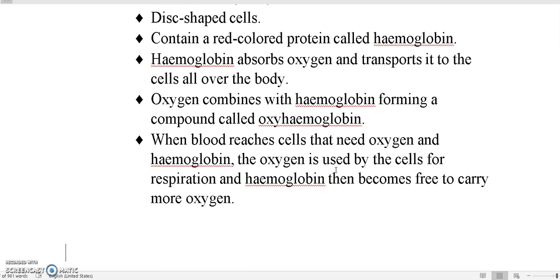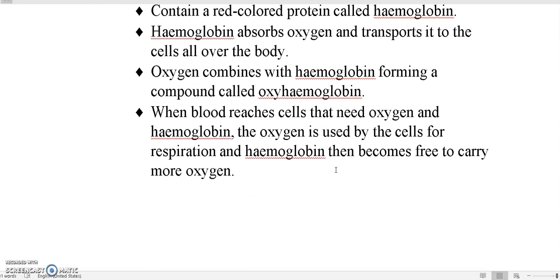The oxygen is used by the cells for respiration, and hemoglobin then becomes free to carry more oxygen. So hemoglobin is basically a carrier of oxygen.